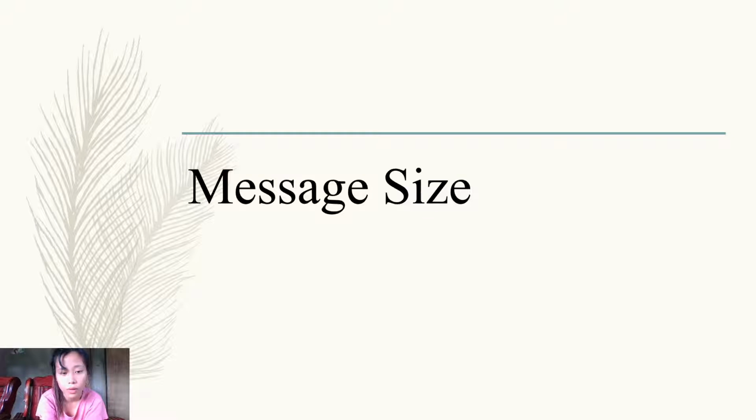For the next one, we have message size. Another rule of communication is size. When people communicate with each other, the messages that they send are usually broken into smaller parts or sentences.